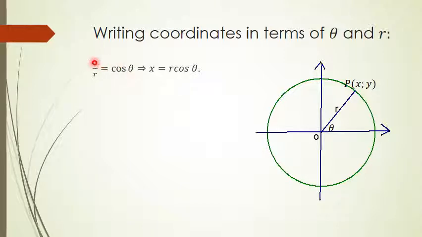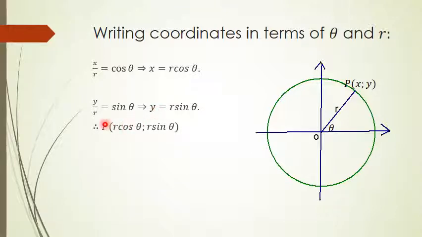Now, in grade 11, we defined the trigonometric ratios in terms of x, y, and r. x over r is equal to cos theta. On multiplying both sides of this equation by r, we obtain x equal to r cos theta. y over r is equal to sin theta, and again multiplying by r, we obtain y equal to r sin theta.